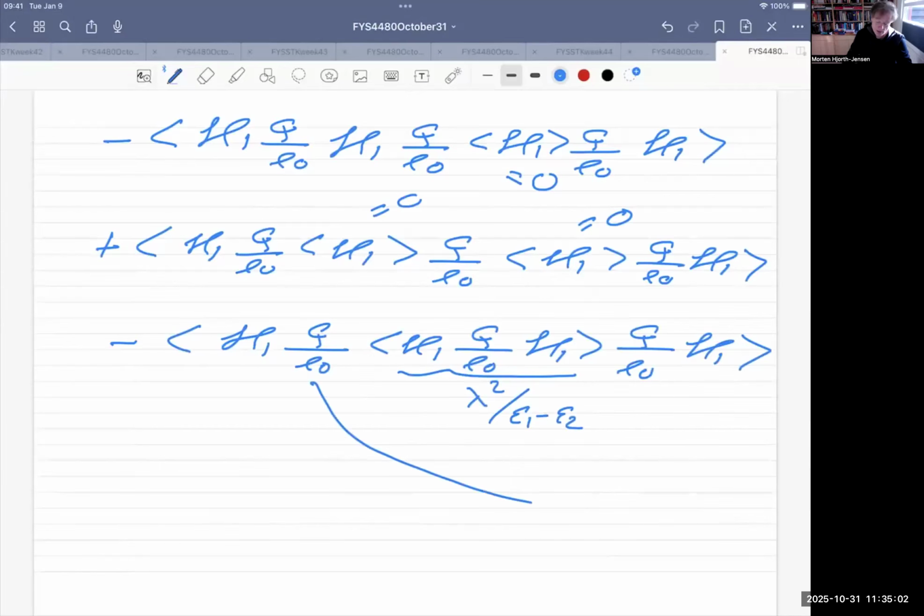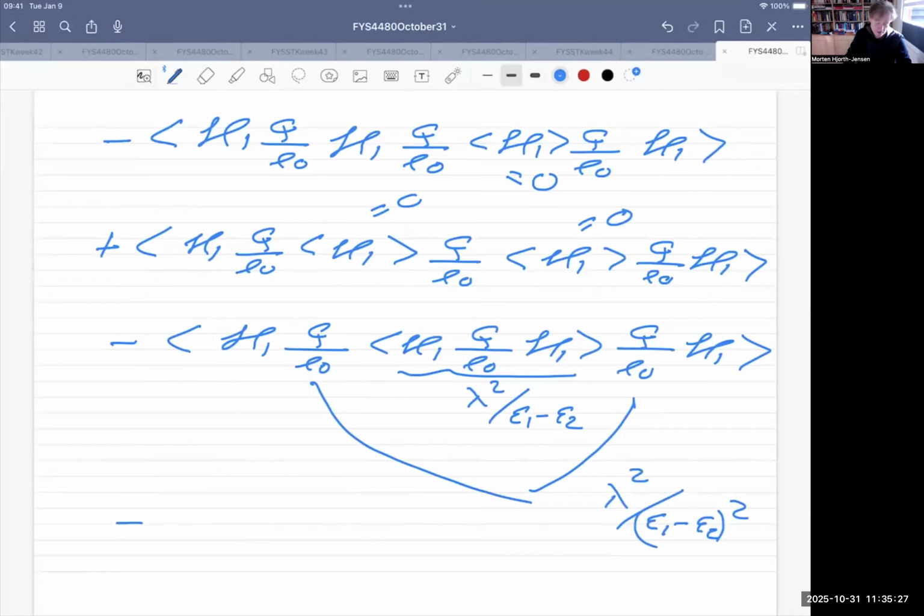And then these two guys conspire because Q times Q is Q squared, and that is equal to Q. So that gives us just the outer product of phi 2 times phi 2. And then I have the denominator twice. So this term is just conspiring to lambda squared divided by epsilon 1 minus epsilon 2 squared.